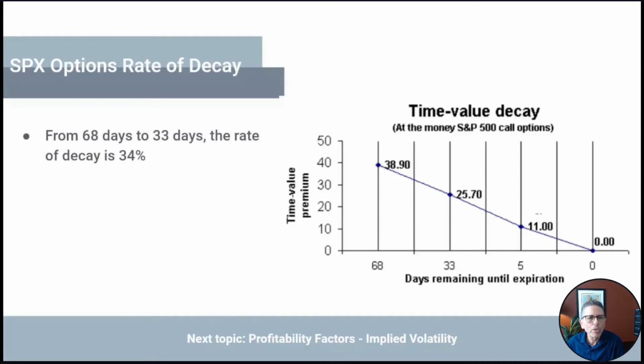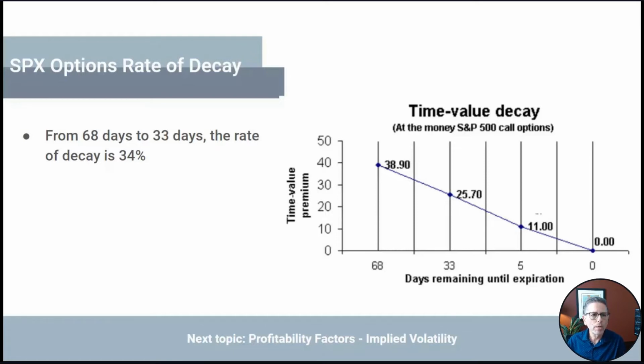I want to share with you the decay process in a call option, and this is on the SPX. From 68 to 33 days, the rate of decay is 34%. With a credit spread, you're putting on a position that you want to close. So if I put on a $50 trade, my goal is to close it at less than $50.